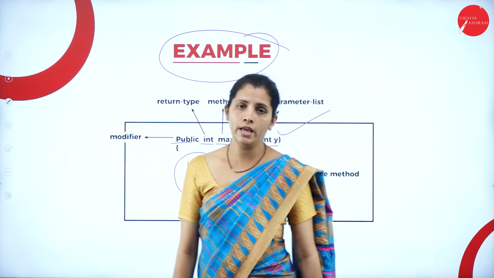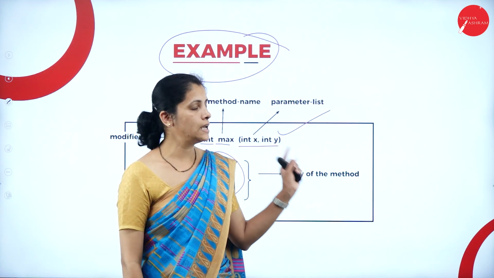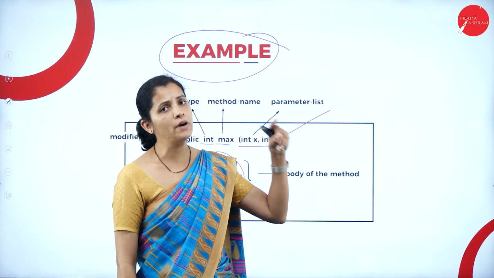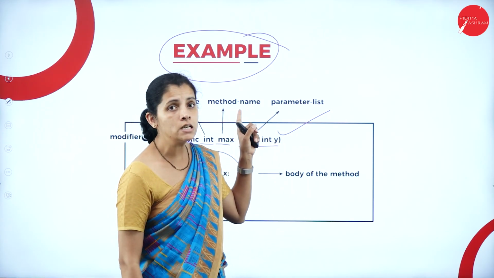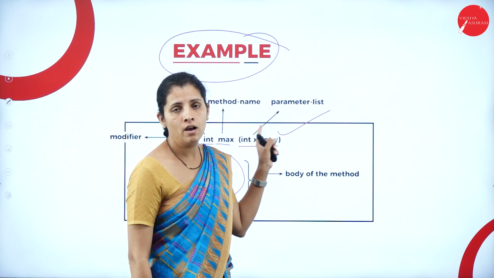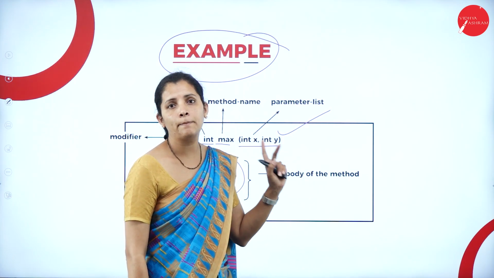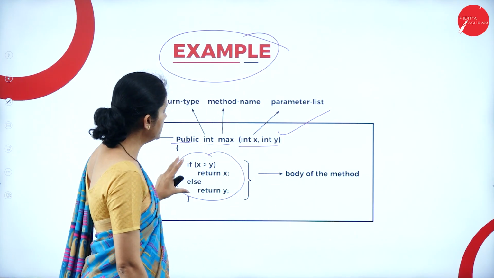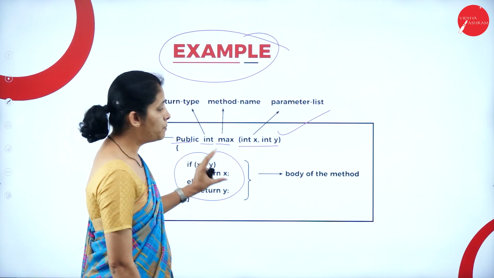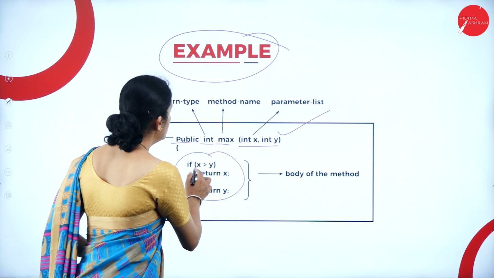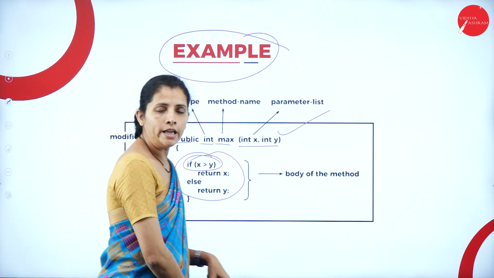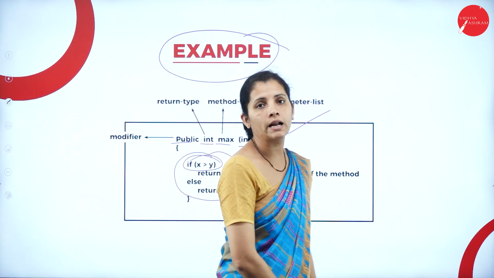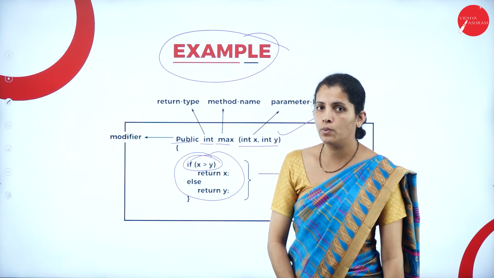Now this is my function body, or this is my method body. Dear student, if I consider a C program, then it is a function. But here it is C# programming. For that reason, it is a method. This is my method body. I'm going to check whether both the numbers are greater than or equal.